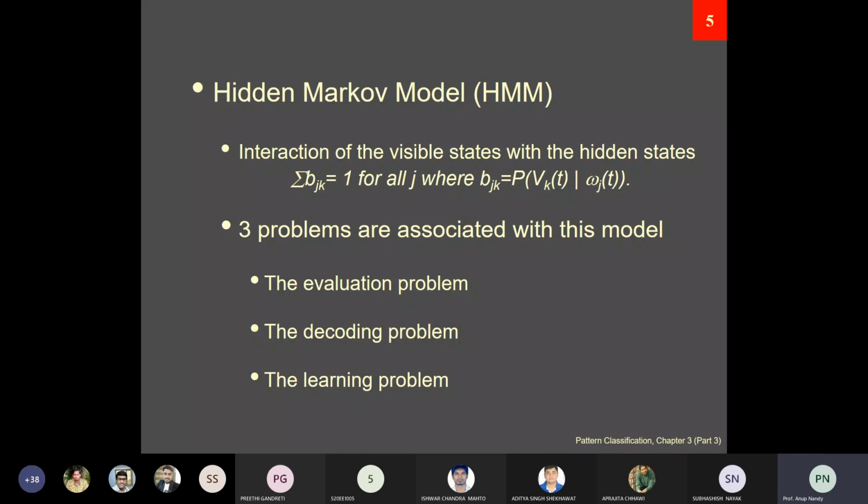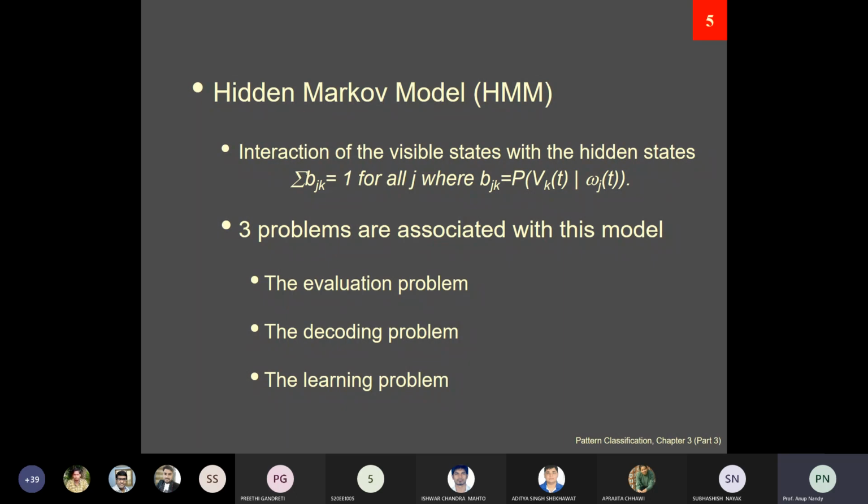Now wj is given because the model is in a particular hidden state, and then it will emit some visible or observation sequences, v1, v2, v3 up to vn, for each time instance t. As we are going to apply HMM to temporal data, you need to apply HMM for temporal pattern recognition, because time is involved here.